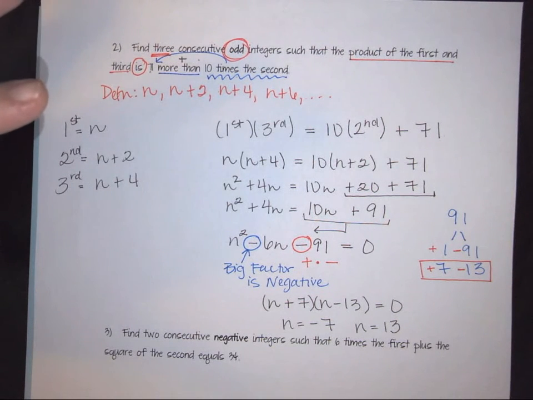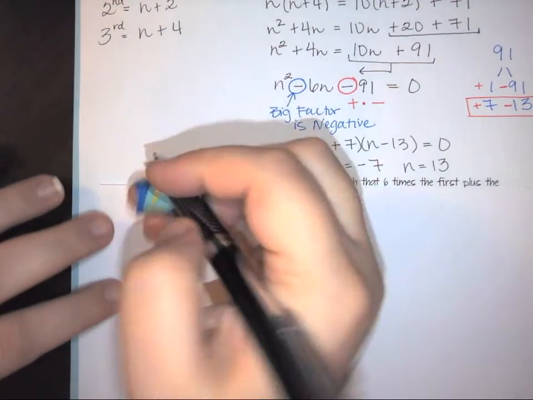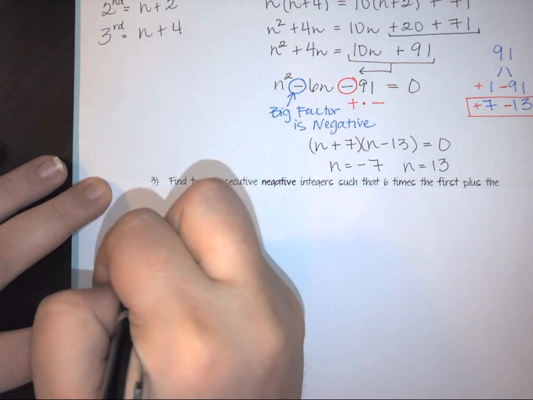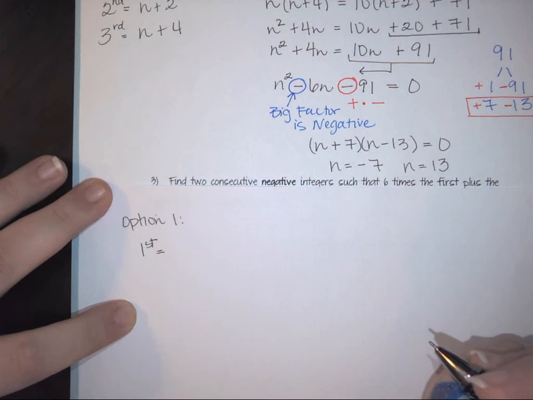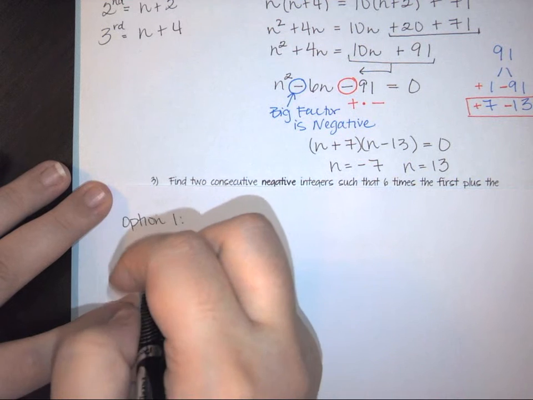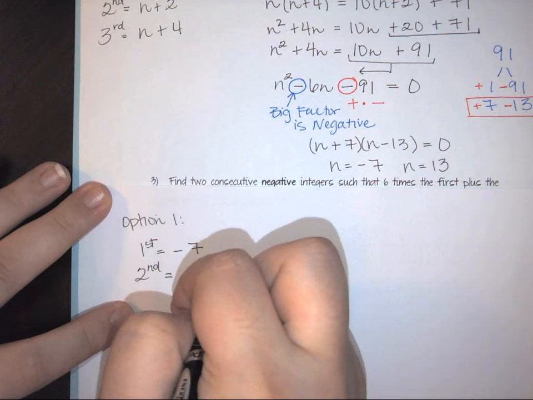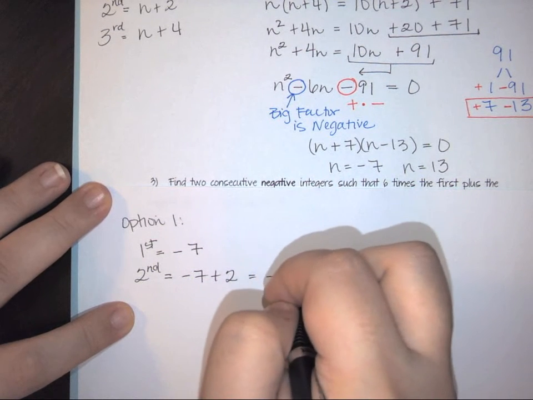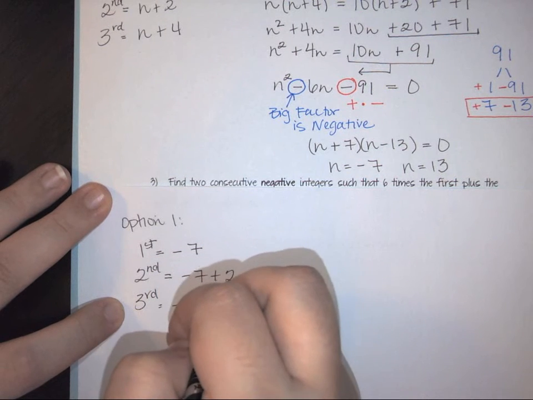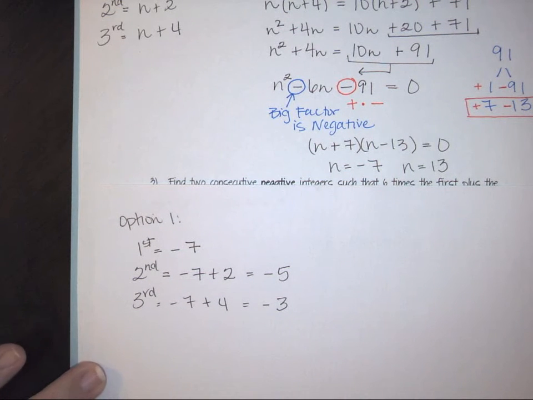First of all, my first option says if my first integer is a negative 7, then my second is going to be negative 7 plus 2, which gives me a negative 5, making my third negative 7 plus 4, which gives me negative 3. That's my first option or first solution.